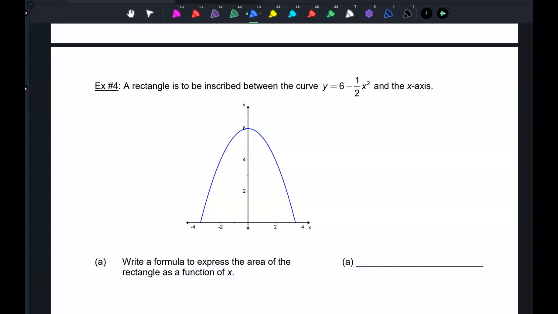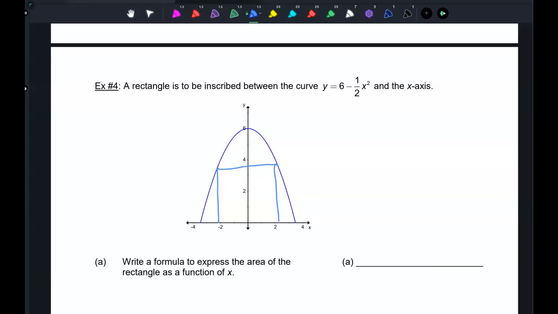A rectangle is to be inscribed between this curve and the x-axis. I don't know exactly where it's going to go, so I'm just going to sketch a little rectangle here. I need to be able to express the area of this rectangle as a function of x.